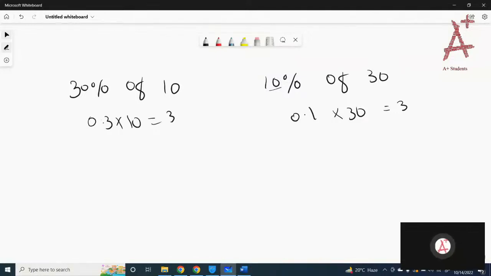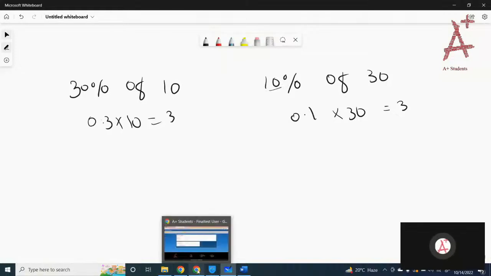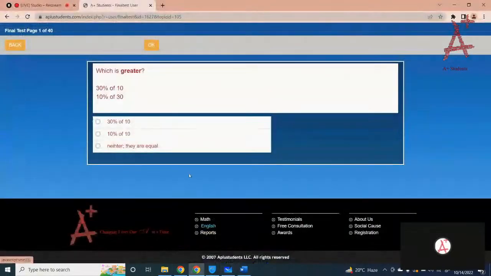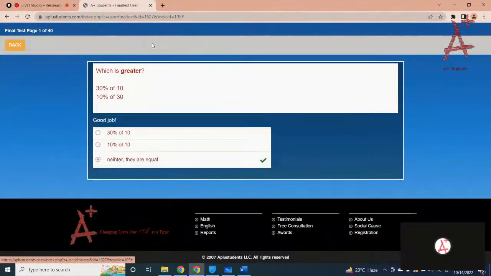So both of them have the same values. Got it? So the correct option is they are equal. Got it? They have the same values. They are equal.